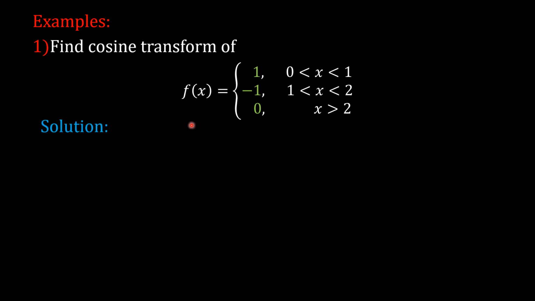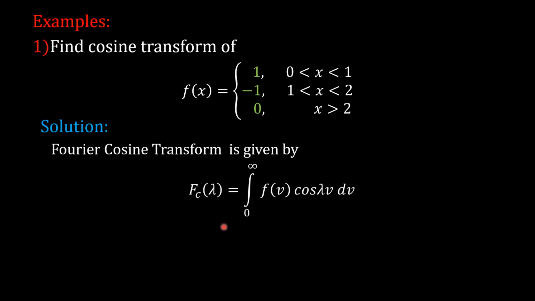Solution. So we want to find Fourier cosine transform. So Fourier cosine transform is given by Fc lambda is equal to integration from 0 to infinity f of v cos lambda v dv. Here if we use the symmetric form of the Fourier cosine transform, then also it is okay. It is up to us.